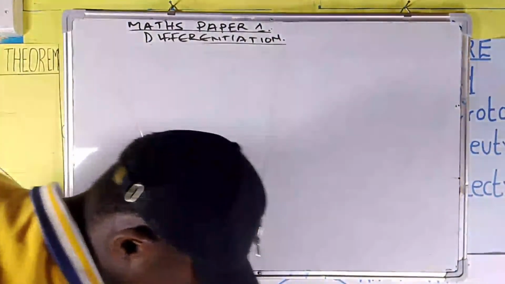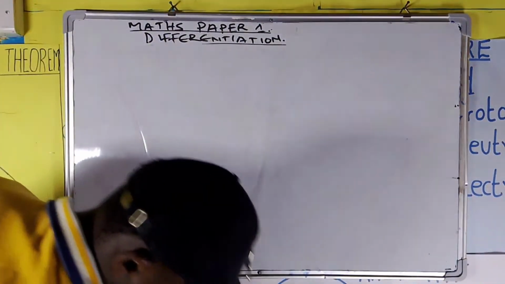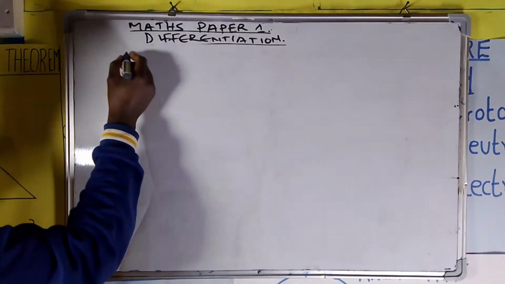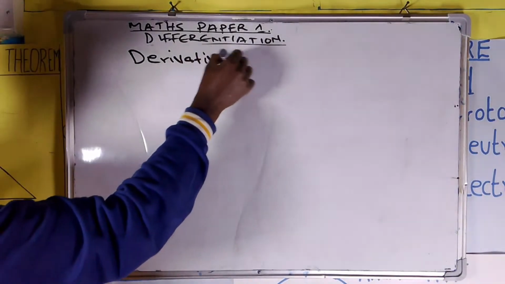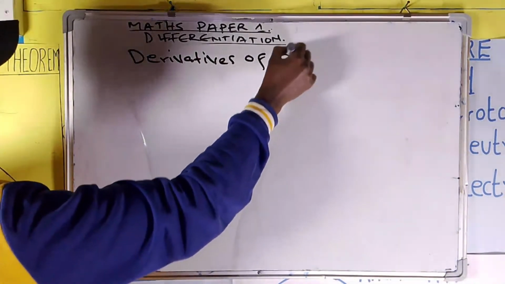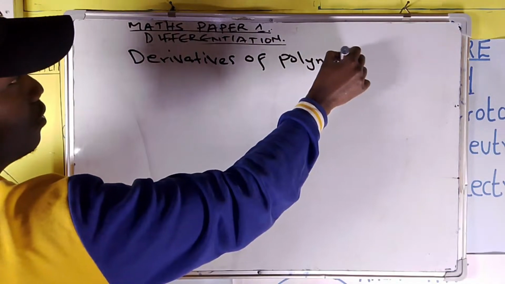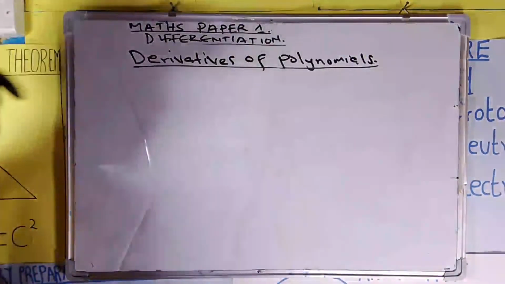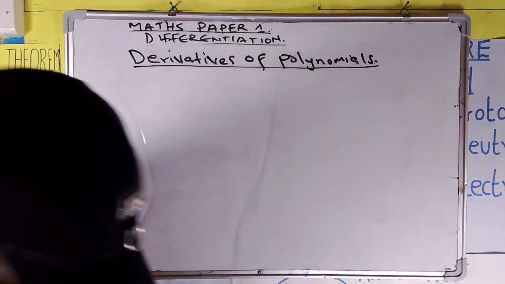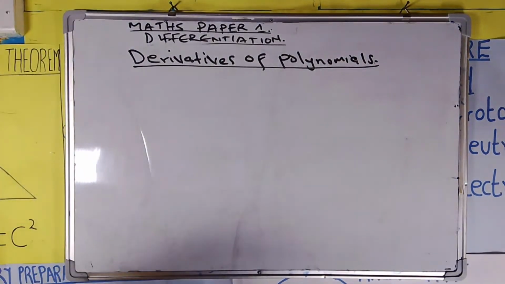The next one we are going to do is find the derivatives of polynomials. When we are talking of polynomials, we are talking of functions that have more than one element.